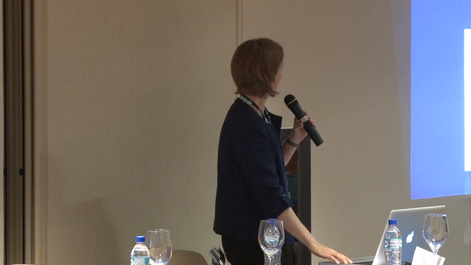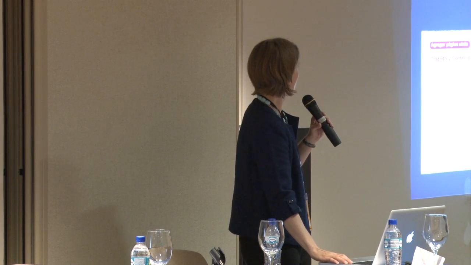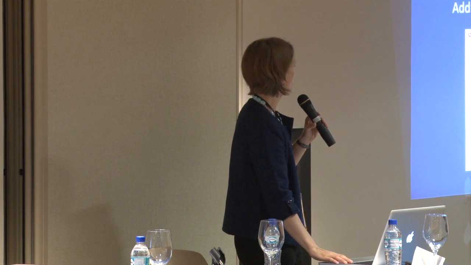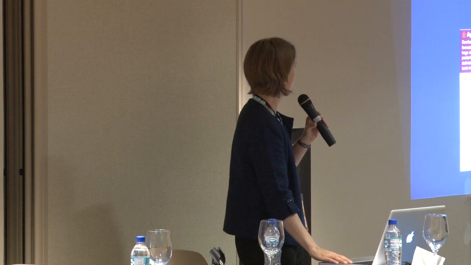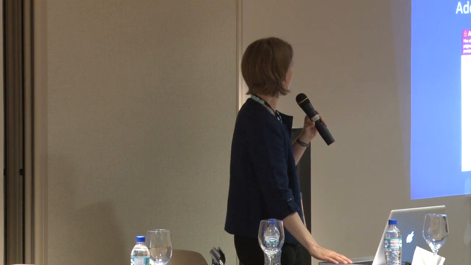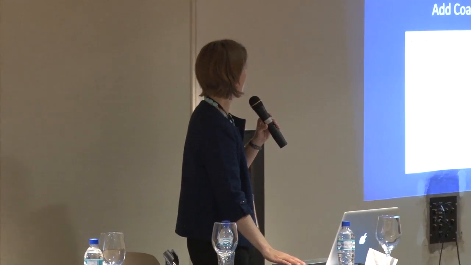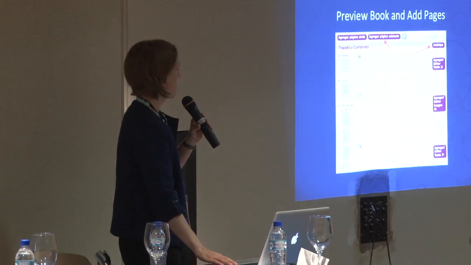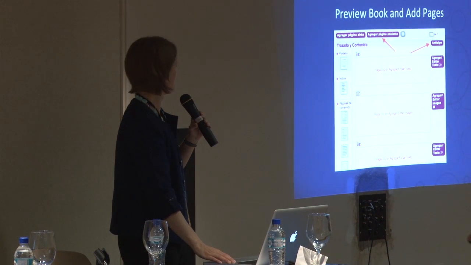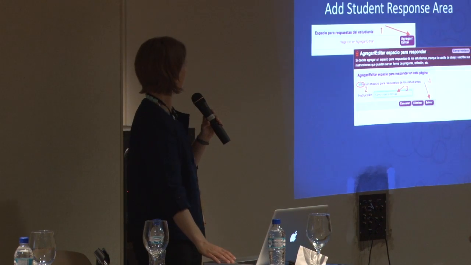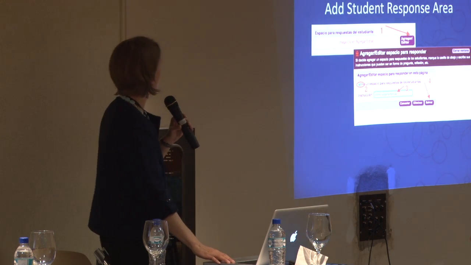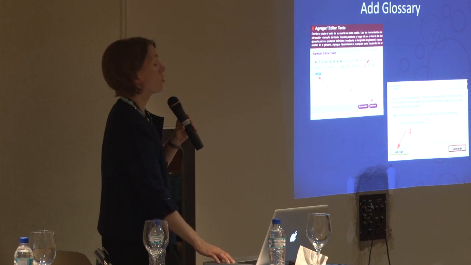And then you pick your layout, you add whatever you would like to add. You can add images, audio, coaches. It is completely free. Add student response areas. You can add a glossary.